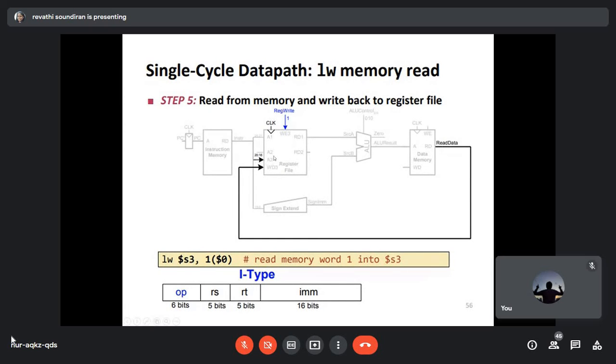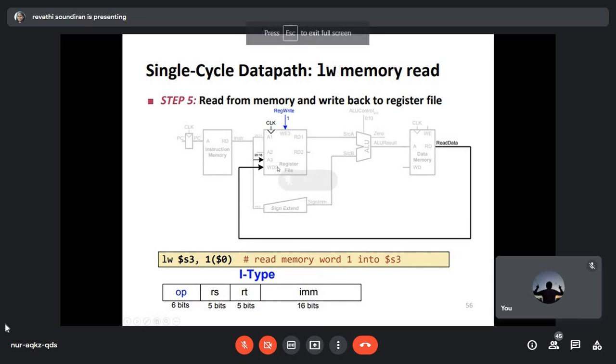That is the address in the register file. So S3 is going to hold bits 15 to 20, and now write is enabled, so the value is written in the register file at location A3.